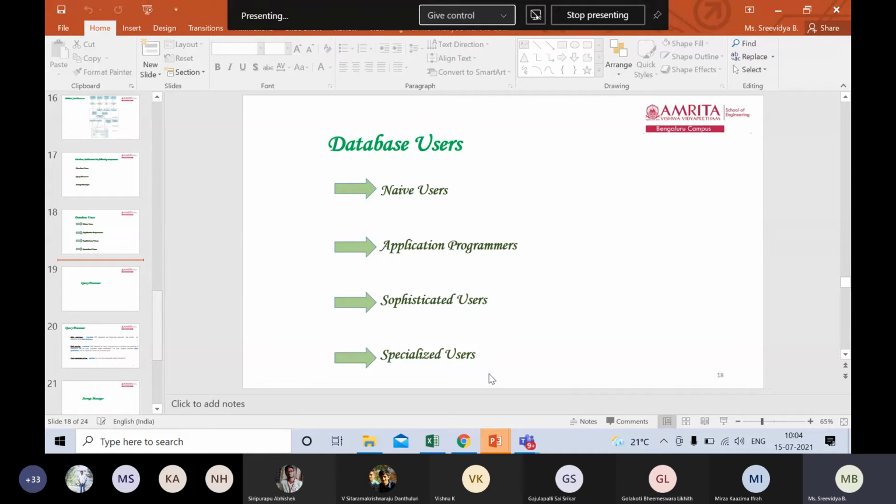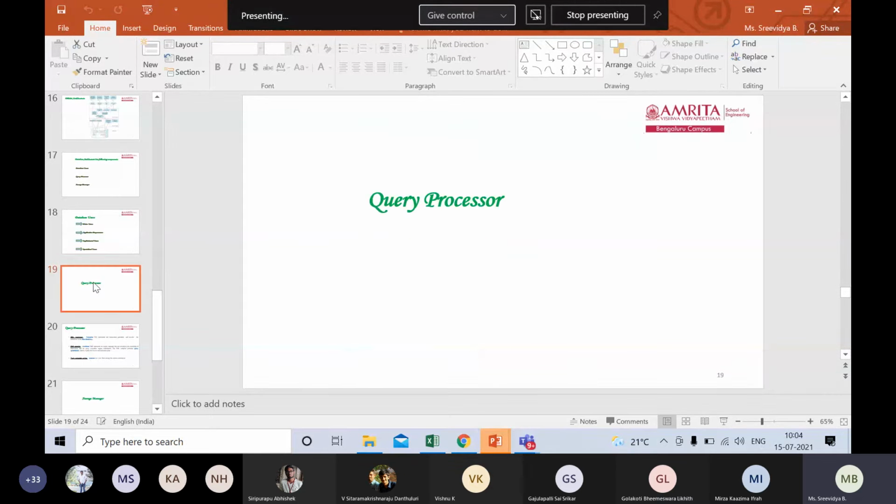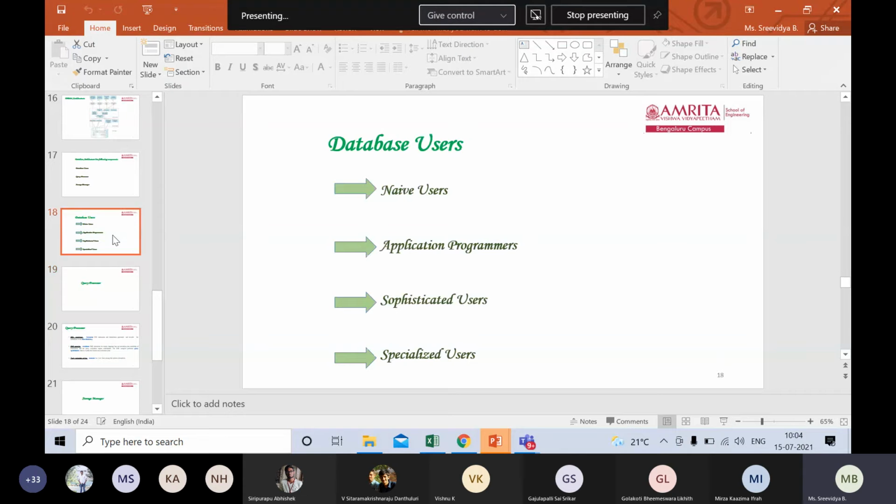That is, they make use of machine learning algorithms and artificial intelligence to come up with a database which is not conventional. So that kind of users are categorized under the specialized users. So those are the users.